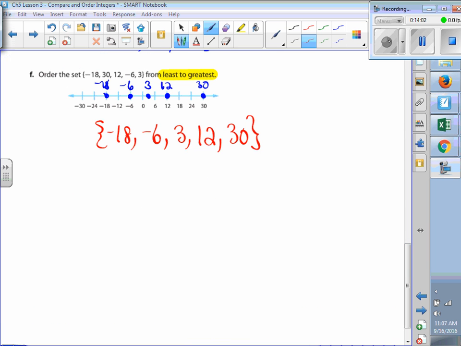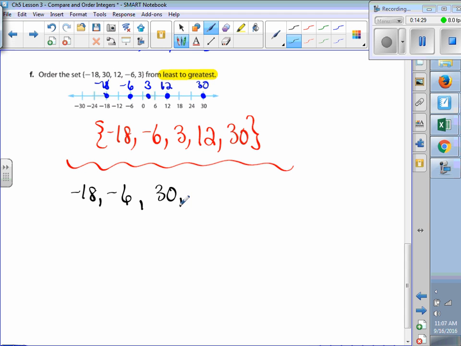Now, you can also, let's just do letter F with comparing the positives and comparing the negatives. We can put our positives and our negatives together. So we've got -18 and -6, and then the positive numbers, we have 30, 12, and 3.